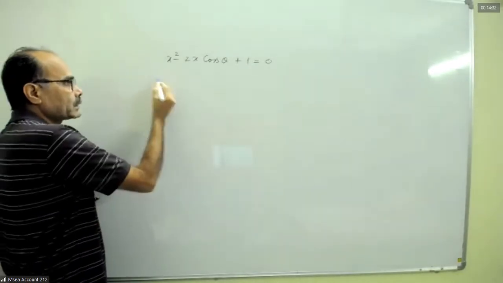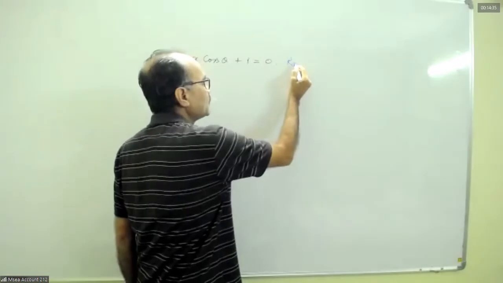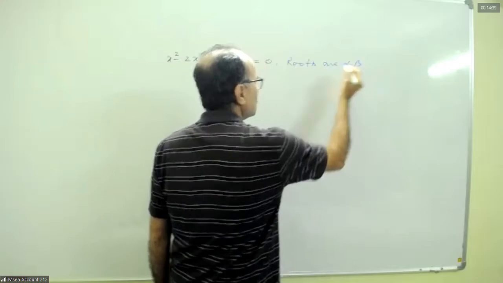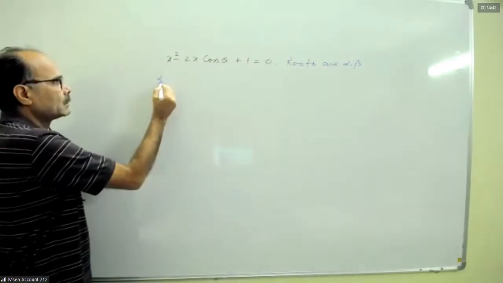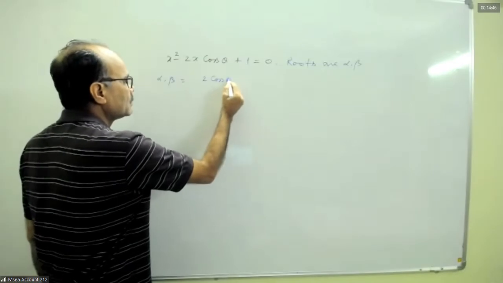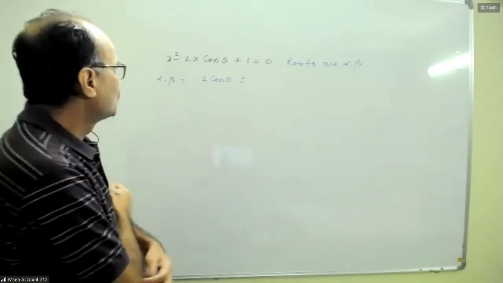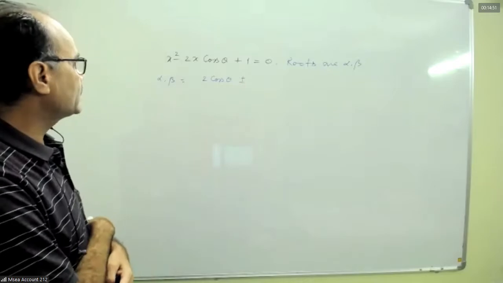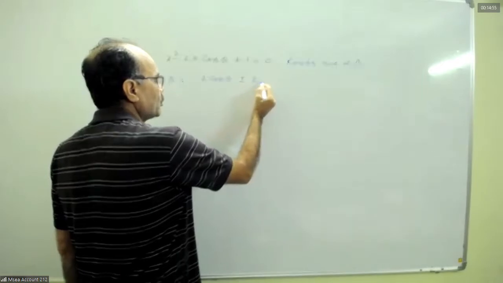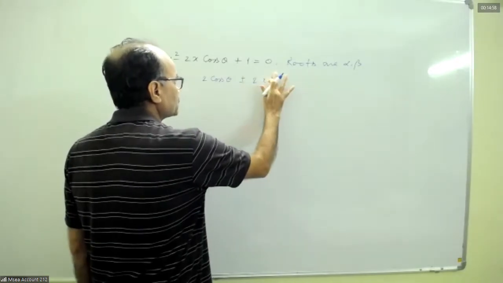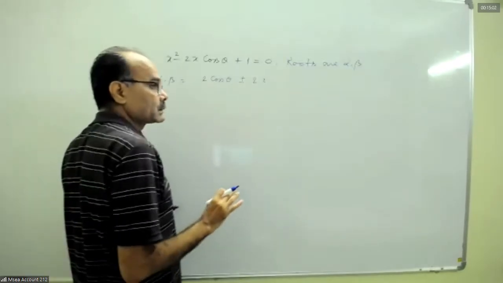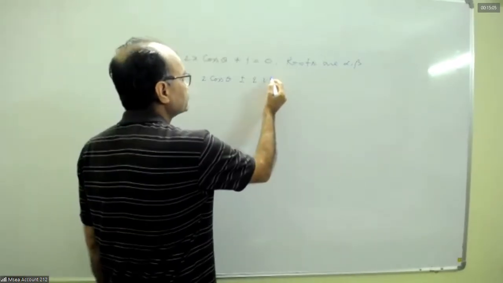Let the roots be alpha, beta. Four cos square theta minus 4, 2 i sin theta, 2 i cos theta, 4 cos square theta minus 1 minus sin square theta, i sin theta.